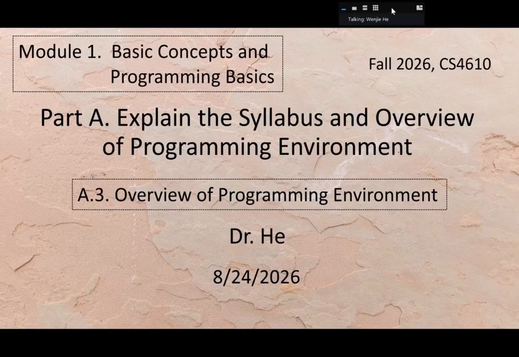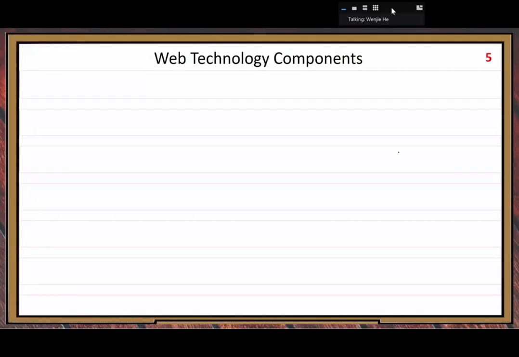Then, overview of programming environment. I talked a little bit about programming, and I spent some time on the first project and second project. Now the programming environment, the web technology components. Client side: I do not try to give you overwhelming client-side technologies.